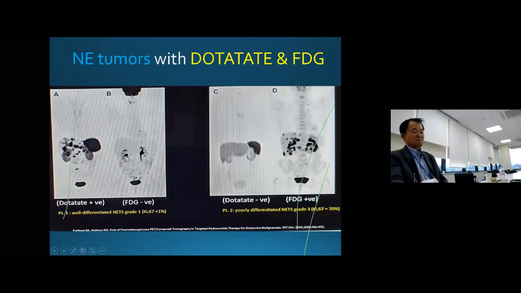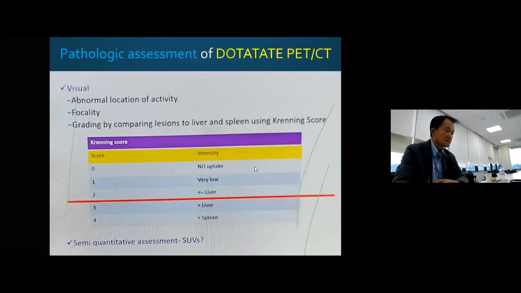It's a flip-flop, yeah. That's a typical, classical example of biological imaging, functional imaging. So some make scores or things on the DOTATATE imaging.